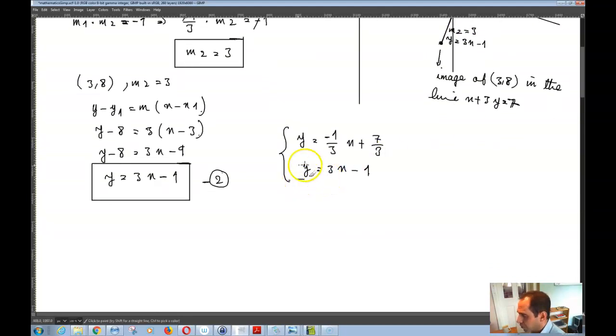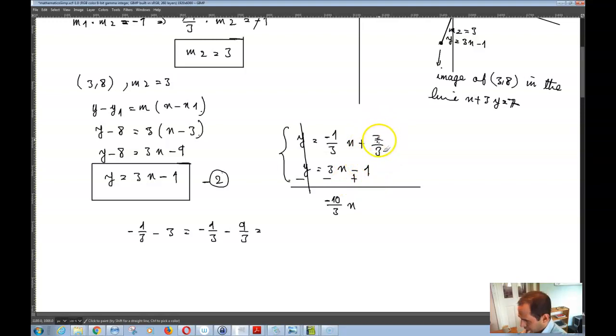Meaning that I can subtract this equation from this equation, so you have 0 over here, and negative 1/3 minus 3 is negative 1/3 minus 9/3, which is equal to negative 10/3 x, and 7/3 plus 1 is equal to 3 and 1/3, I suppose.